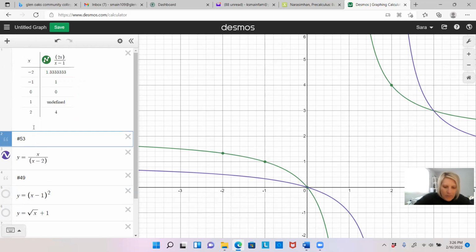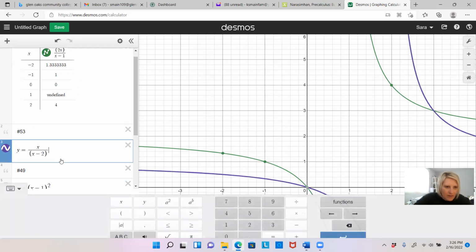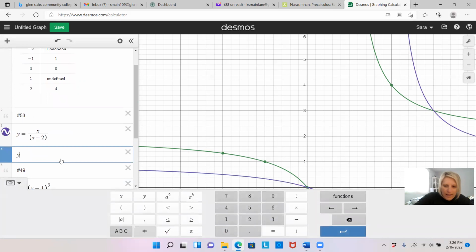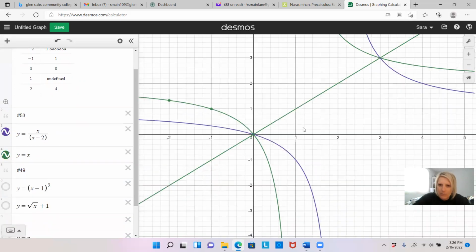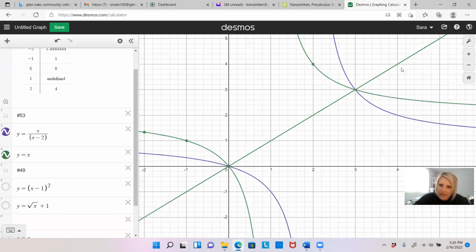And then let's do y equals x. And you can see that it is also symmetric about that. Pretty cool, huh? It just looks symmetric in a little different way.